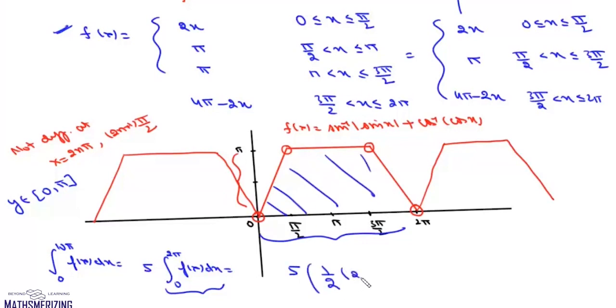Now this is 2 pi and this is 3 pi by 2 minus pi by 2, which is simply pi, and then this height, which is also pi. So this area will be 5 by 2 into 3 pi square. So it will be 15 pi square by 2. So the value of this integral will be 15 pi square by 2.